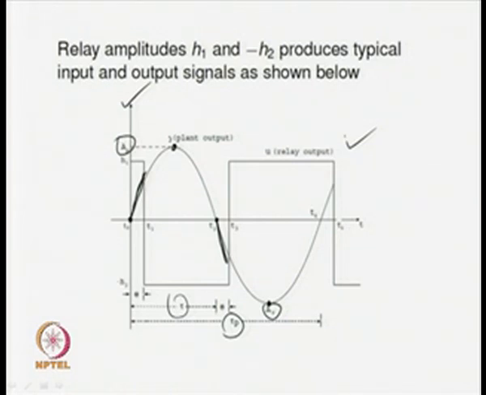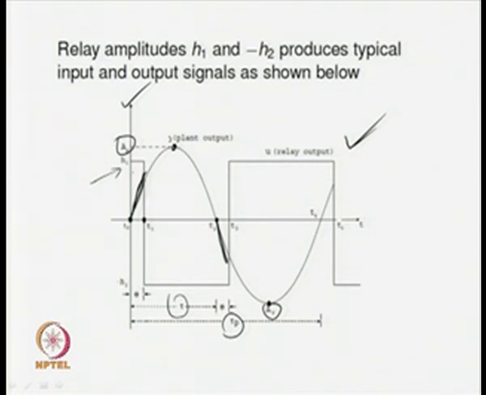Yes, it is possible to obtain additional information if you look carefully at time t equal to theta. At time t equal to theta, what happens? We have the input changing from plus h1 to minus h2.